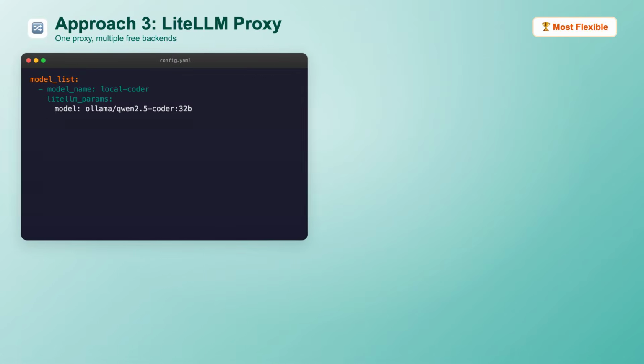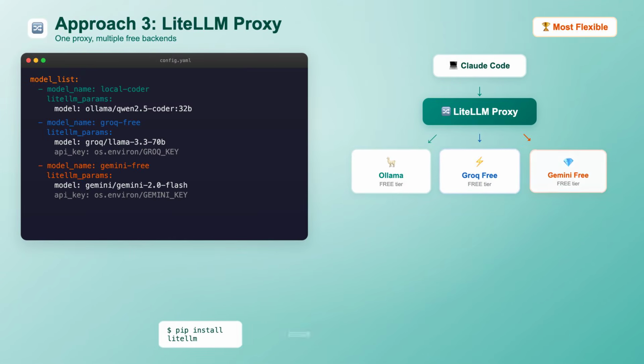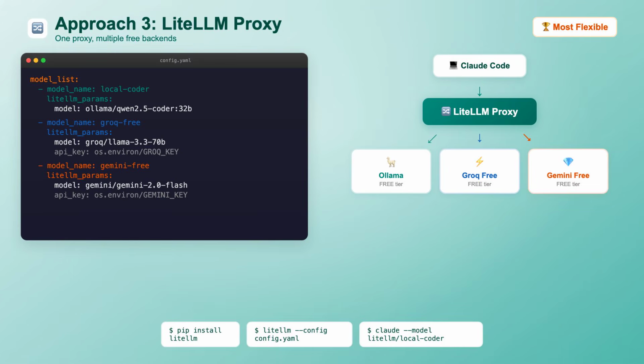Approach 3: LiteLLM proxy. This is the most flexible option. LiteLLM acts as a translation layer. It accepts Anthropic API format and routes to any backend, Ollama, Grok, Gemini, or even free cloud tiers. Install it with pip install LiteLLM proxy.